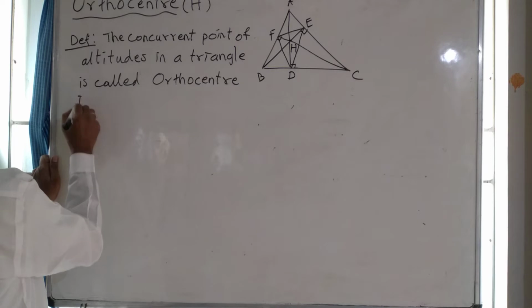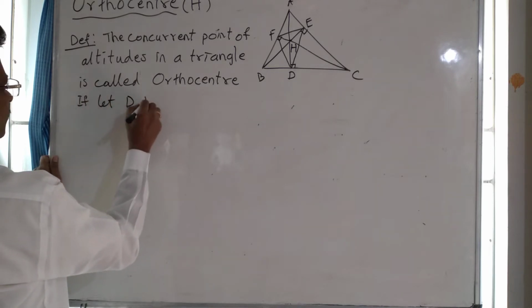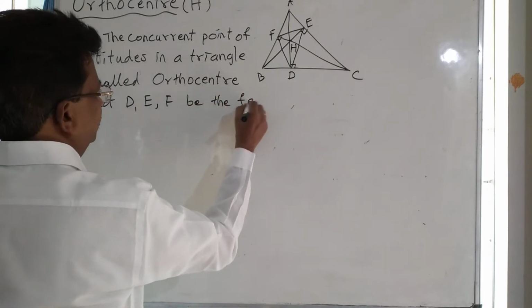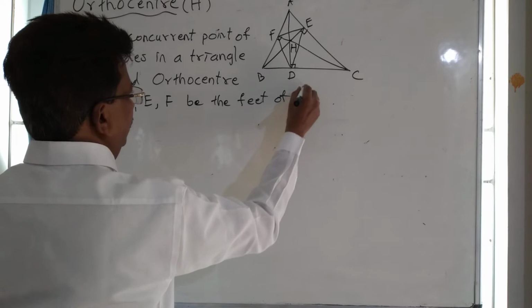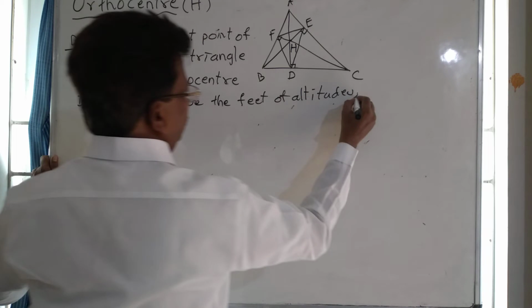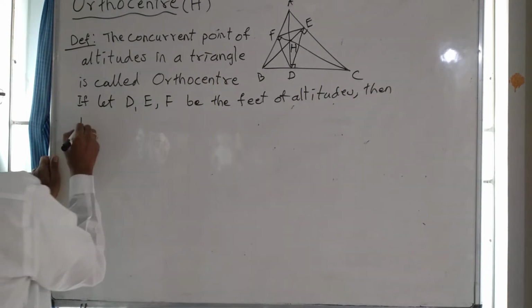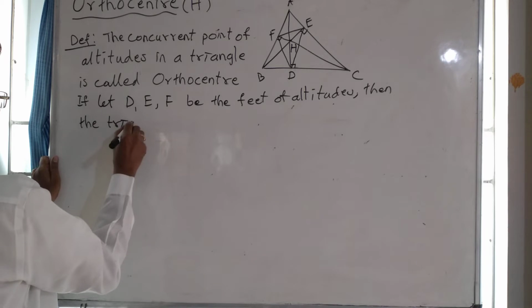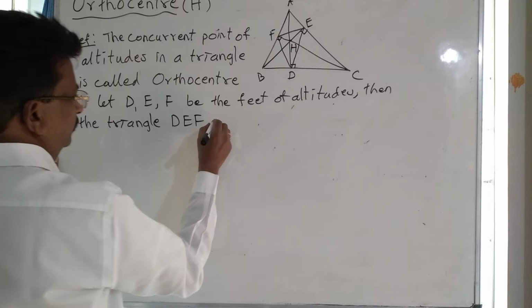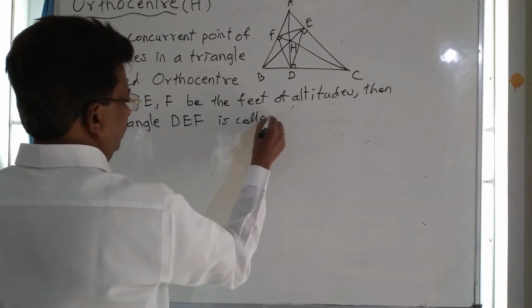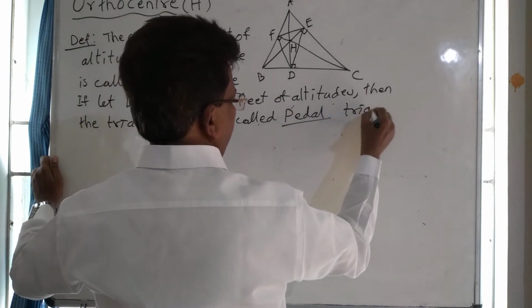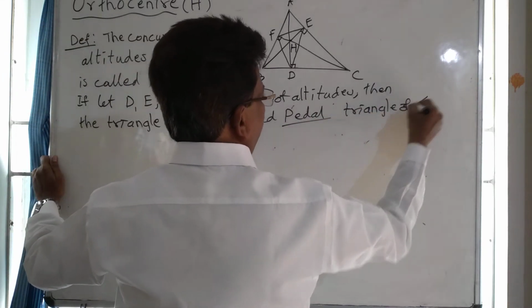Let D, E, F be the feet of altitudes, then the triangle DEF is called the pedal triangle of triangle ABC.